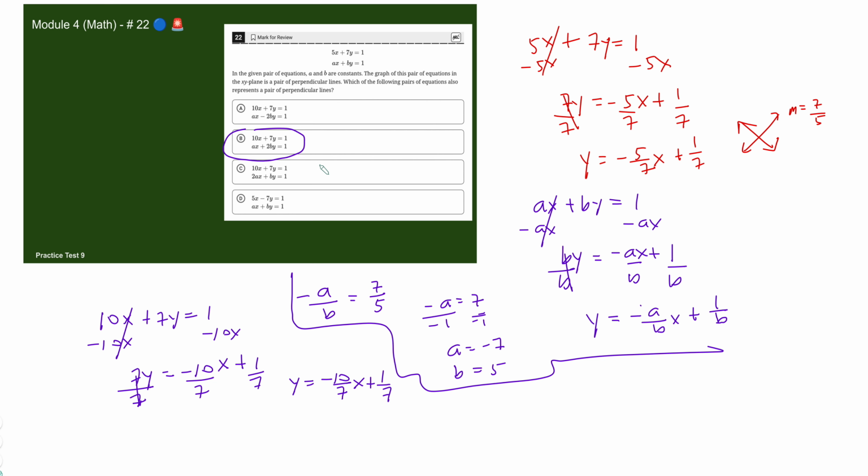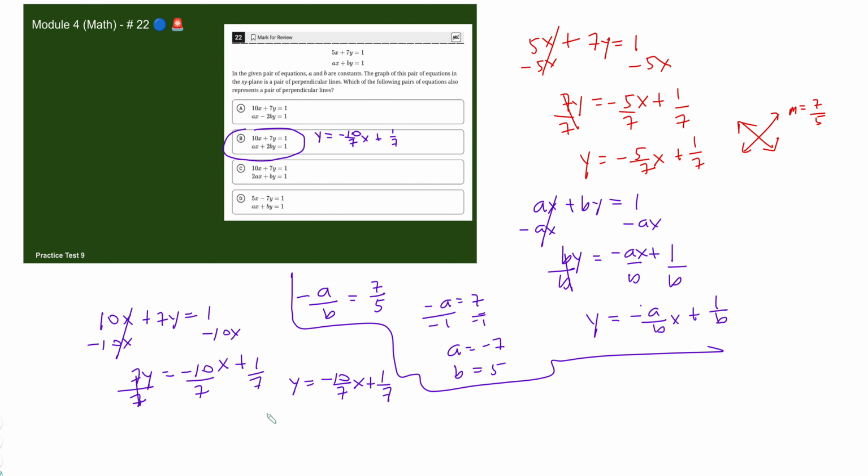So that's the top equation: y equals -10/7x plus 1/7.